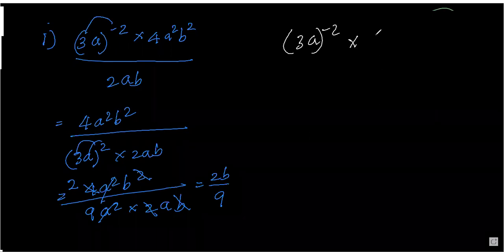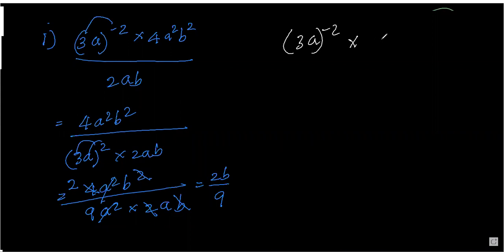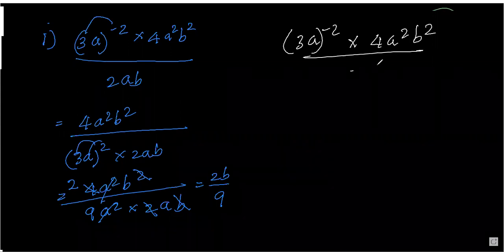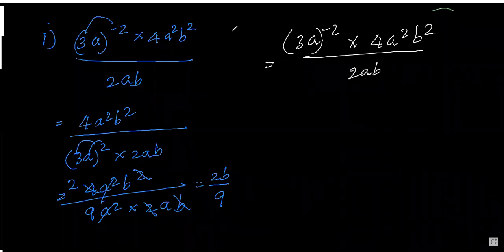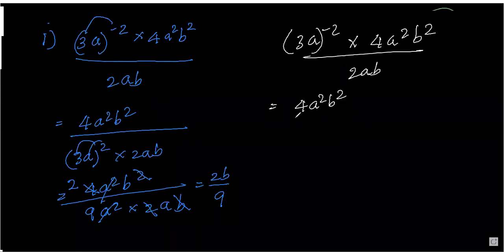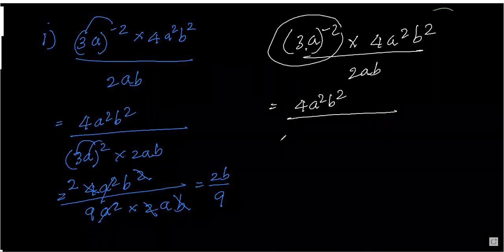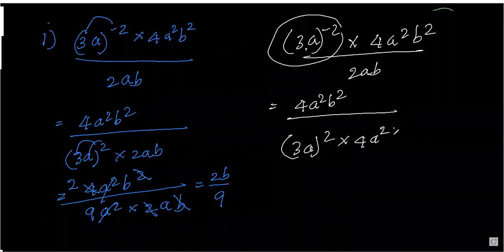So that is a negative. So we want to make it a positive index. 4a squared b squared, 2ab. Then it is easy for us. There isn't a rule to borrow this down, but it is easy for us to do it like this. Look, we can keep 4a squared b squared and the positive ones over the line. And then we want to make this also positive. So 3a to the power 2 into 4a squared b squared.